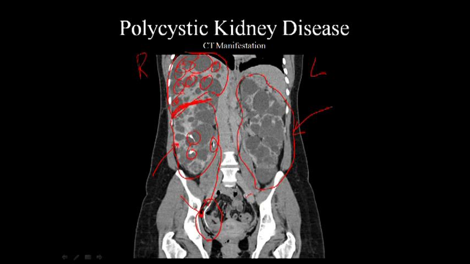The cause for concern is we have the ureter for the left kidney here, and the ureter does not have a great amount of contrast in it, so possibly the left kidney is not functioning at all.